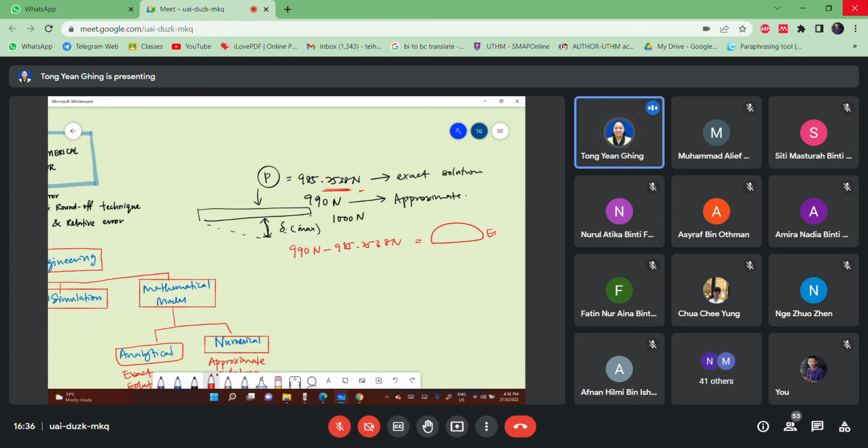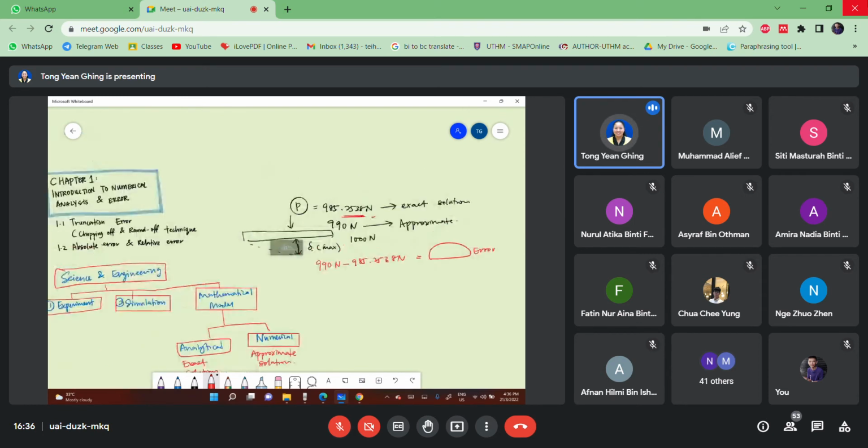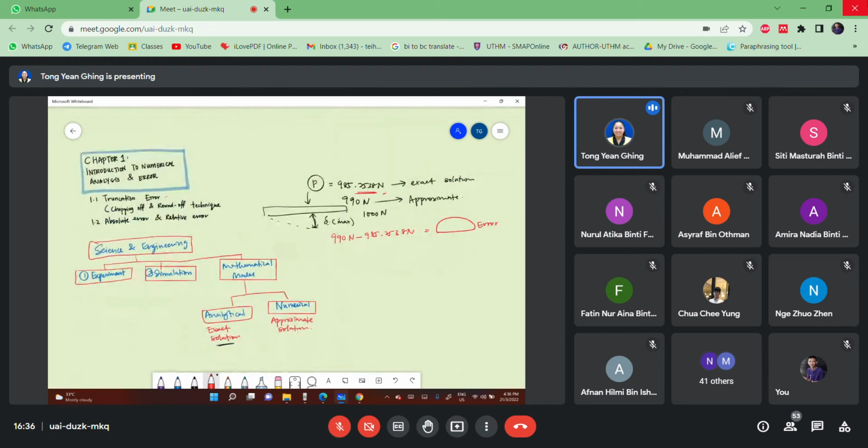So this is error actually. That's why you need to learn this truncation error.